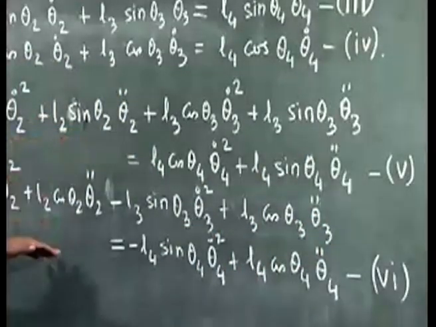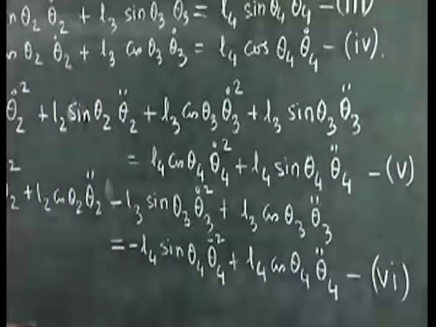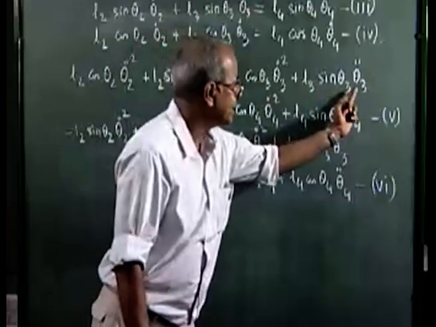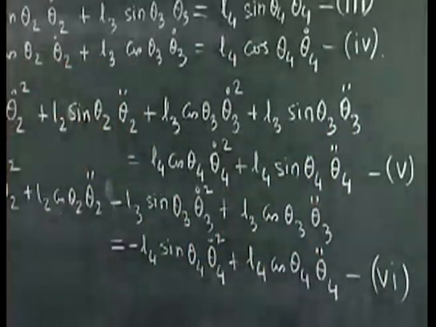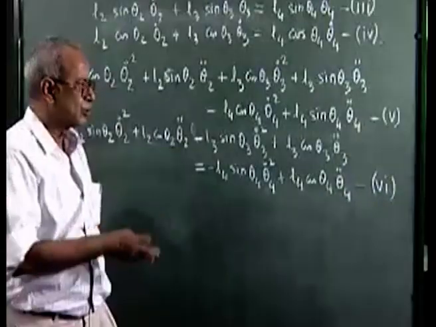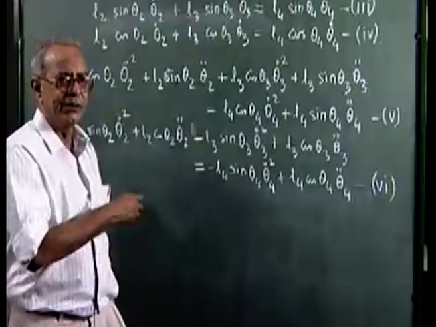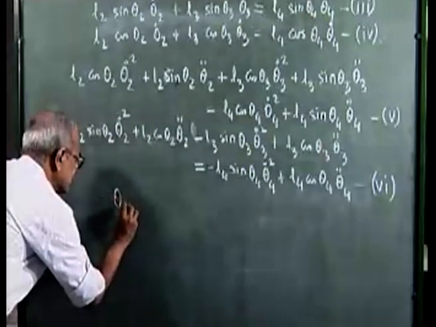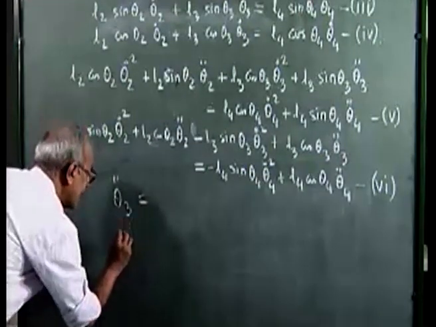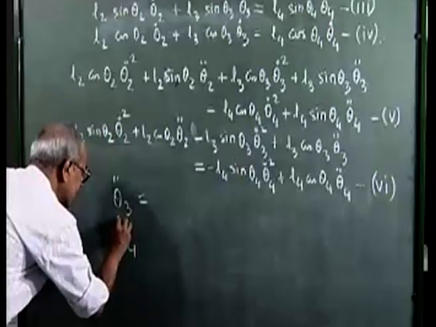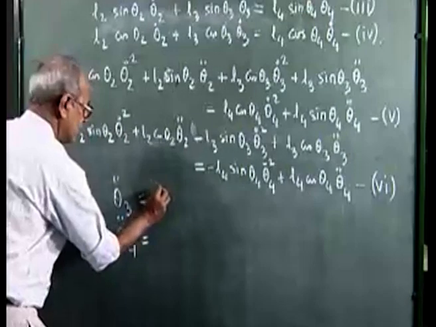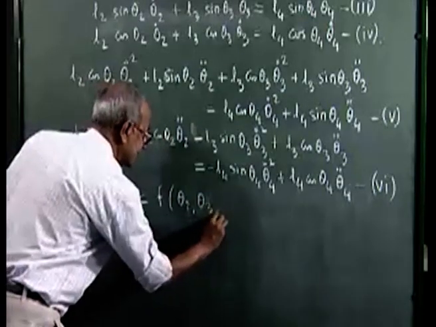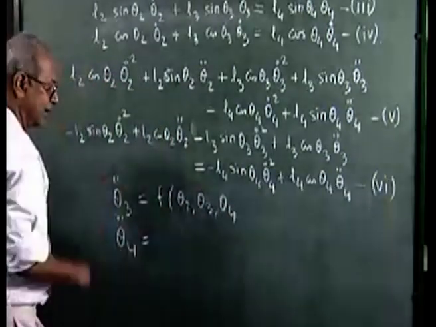So these two equations 5 and 6 are again two linear simultaneous equations in two unknowns, namely theta 3 double dot and theta 4 double dot, and it is very easy to solve for them. I leave the students to complete the algebra and find theta 3 double dot and theta 4 double dot in terms of theta 2, theta 3, theta 4, which have been obtained from the displacement analysis.